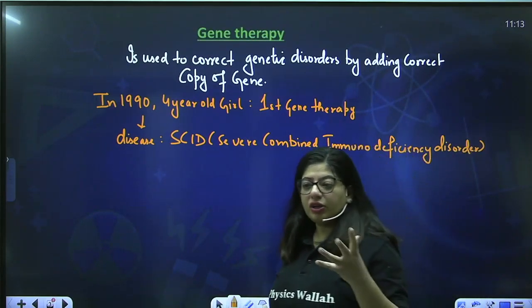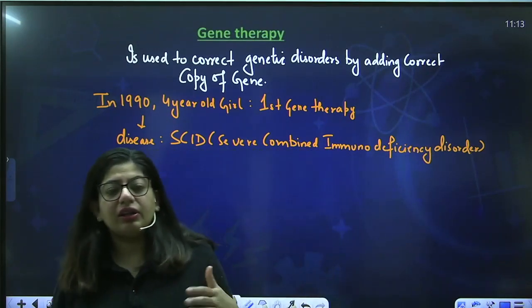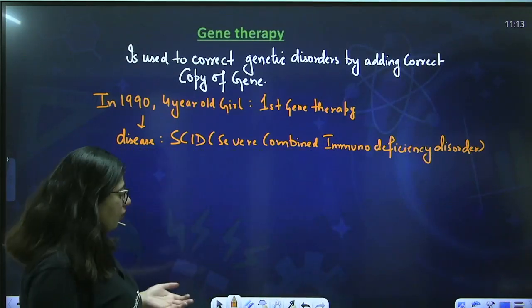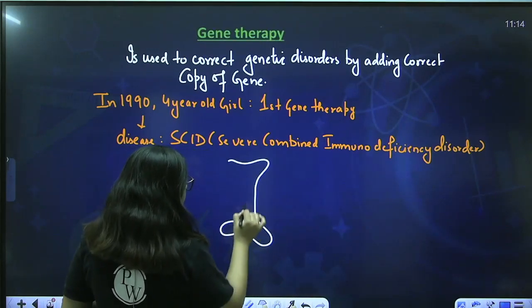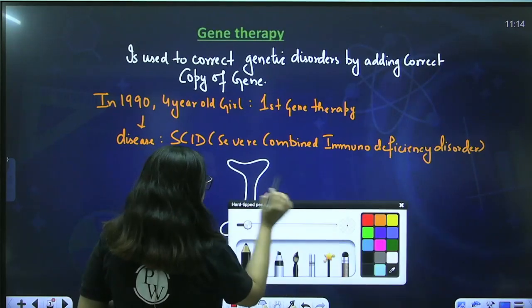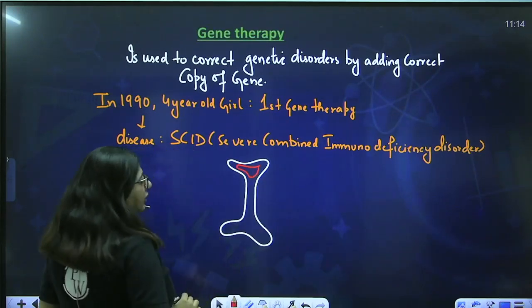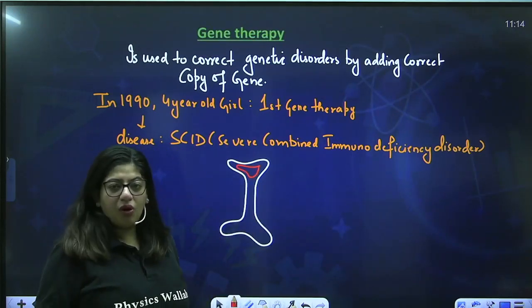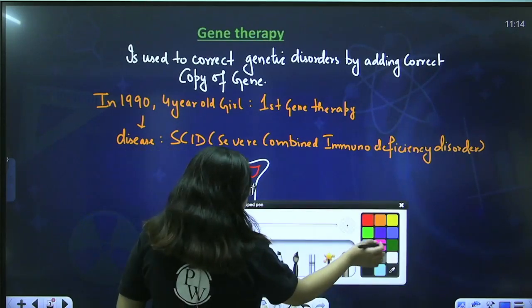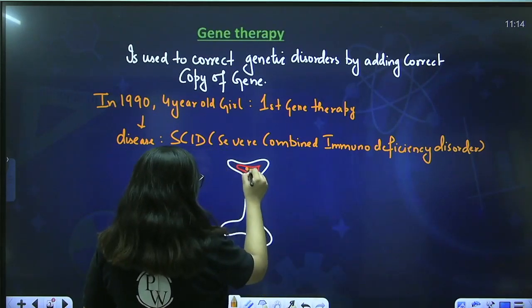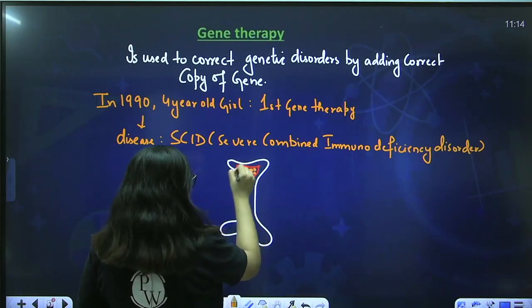So what causes SCID? In your body you have bone, right? In the bone you have red bone marrow, and in this red bone marrow, all the blood cells are formed and produced, right? So imagine these are all the cells that are getting matured and proliferated.